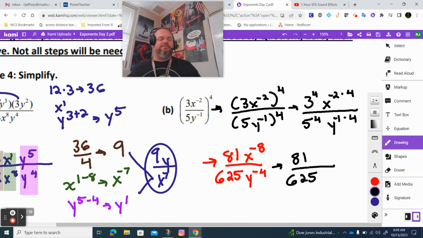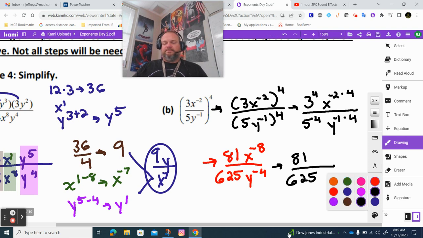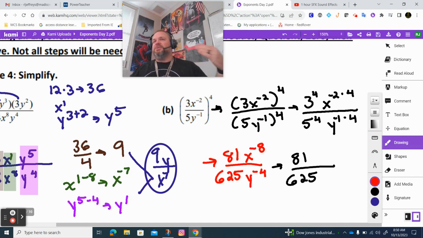Okay. Now we get to worry about our negative exponents. Which I'm surprised somebody didn't say something about on the previous step. Okay. Now, this x is to the negative 8. It's on top. We make that positive by moving it to the basement. The y is in the basement, so to make it positive, we move it up to the first floor.